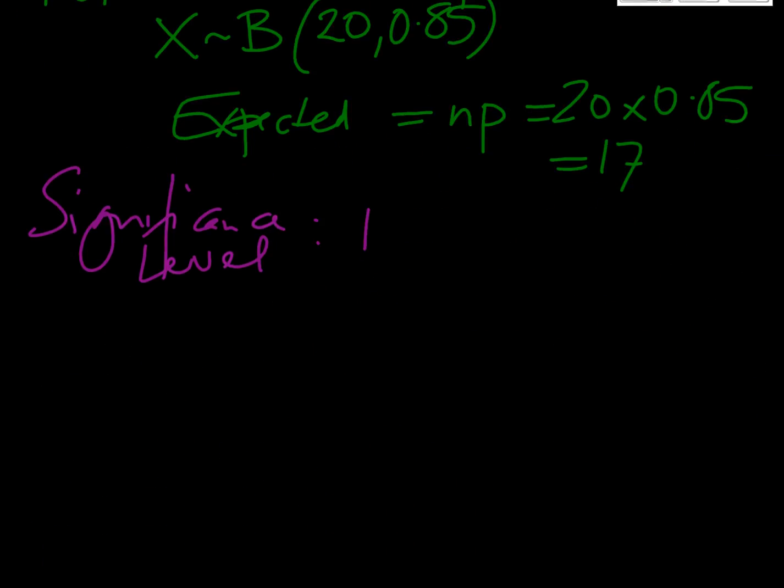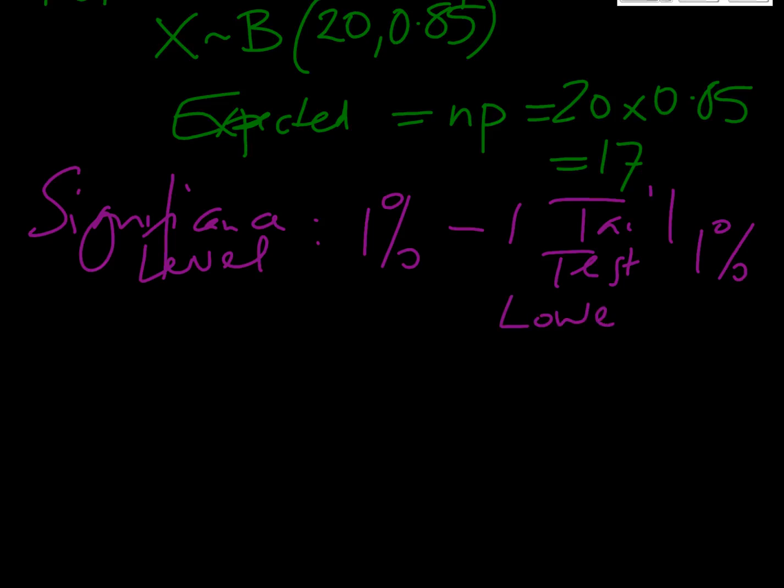If it was a two-tailed test, we'd have to split that equally, but actually it's a one-tailed test, so we know we're putting all of that at one end, isn't it? So we've got 1% at the, which end are we interested in? We're interested in the lower end because we were looking at p as less than 0.85. We agreed on that. So here we have all the information we now need to carry out our test.